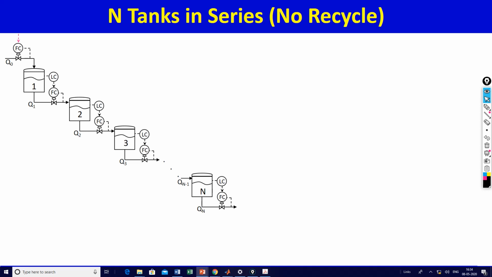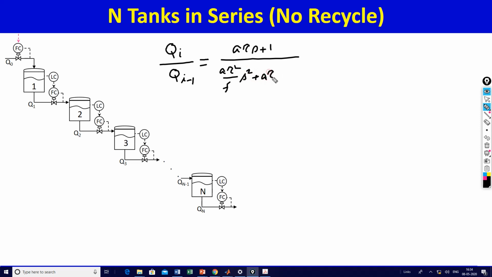For each tank, Qi divided by Qi minus 1 is going to be A tau s plus 1 divided by A tau square by f times s square plus A tau s plus 1.